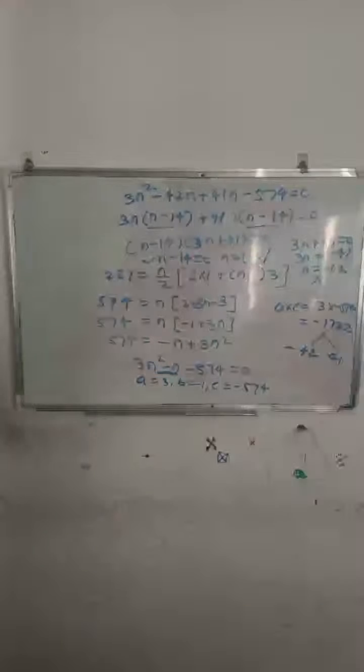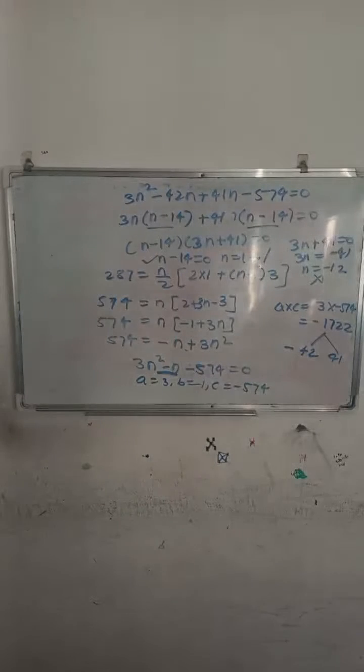So the number of terms is how much here? 14. Here we have the number of terms as 14. Then what are they asking here? Solve the equation for x. Yeah, we calculated n, and they are asking here the 14th term is x.